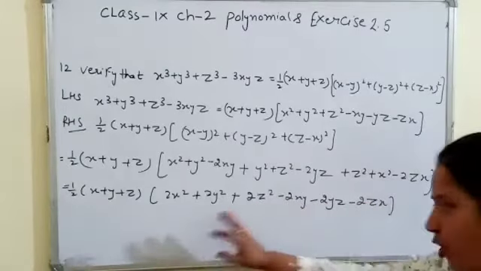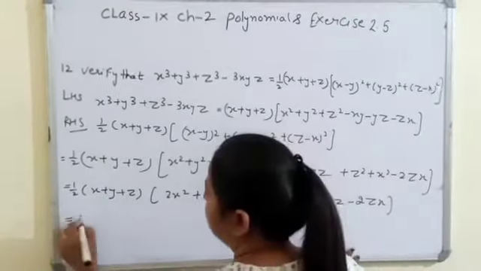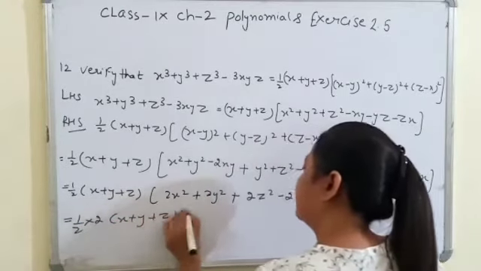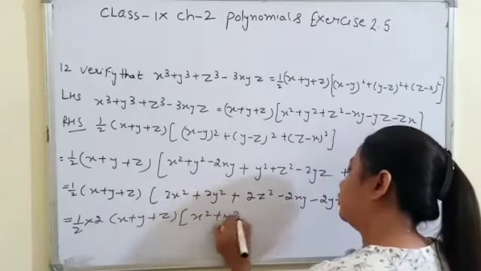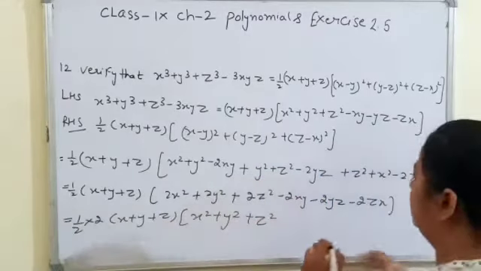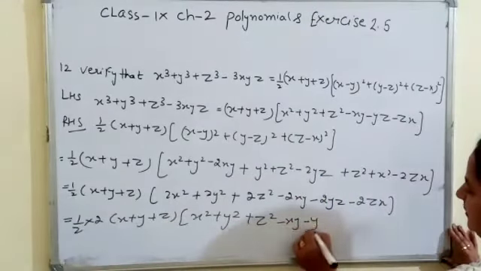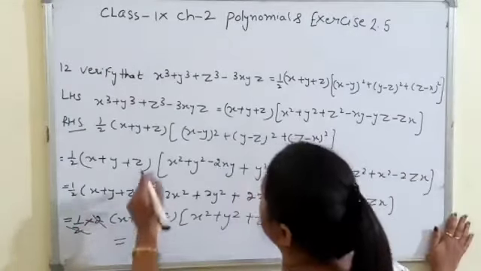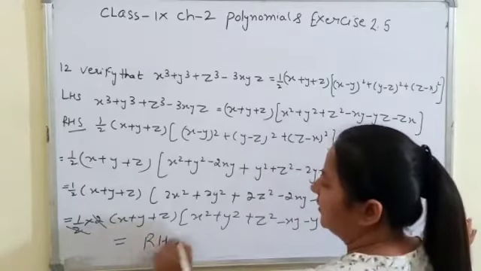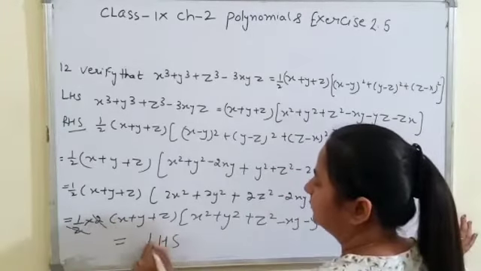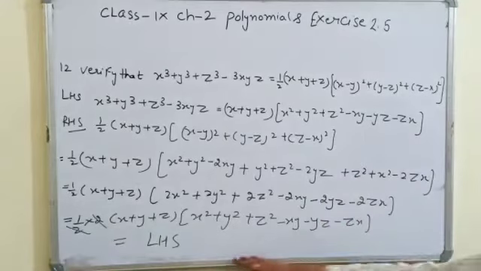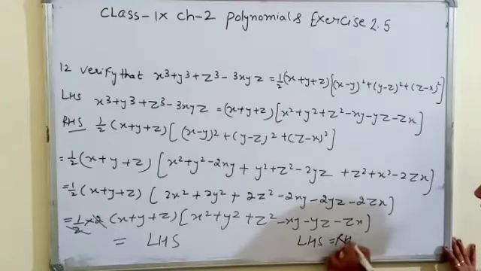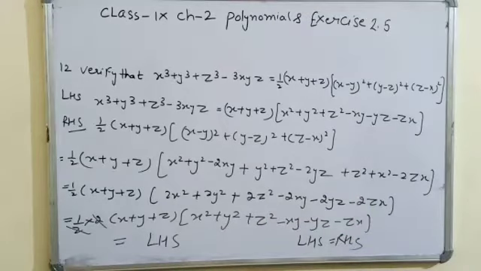Now we can take 2 common from here and cancel it with this 1 by 2, giving x square plus y square plus z square minus xy minus yz minus zx. So this will be equal to the left hand side. Our left hand side is equal to the right hand side. Hence verified.